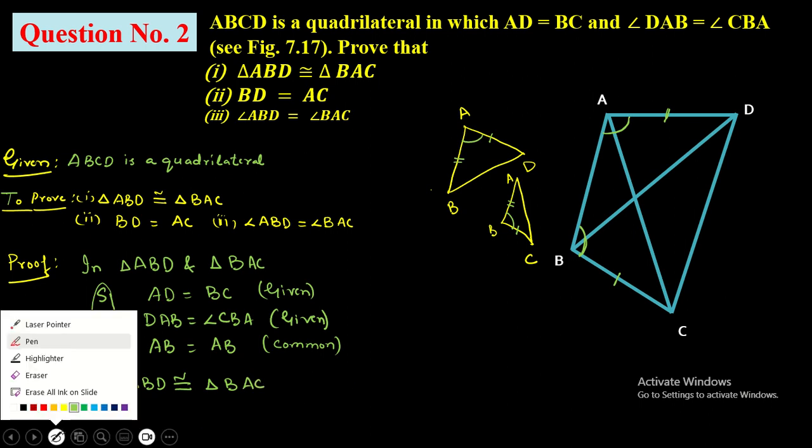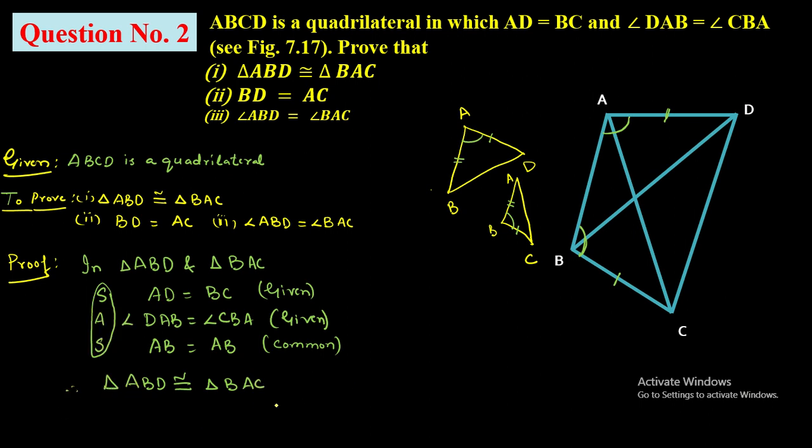We know that when two triangles are congruent, corresponding parts are equal. Since ABD is congruent to BAC, that means these two sides BD is equal to AC. It implies that BD is equal to AC, CPCTC.